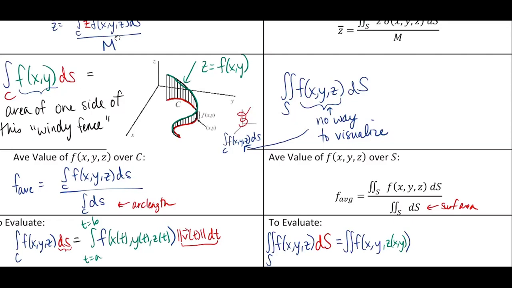And then my ds, we showed last time visually that that little patch of area on the surface is actually equivalent to the magnitude of the gradient of g, where we're thinking of this surface here as one level surface of a function of 3 variables.